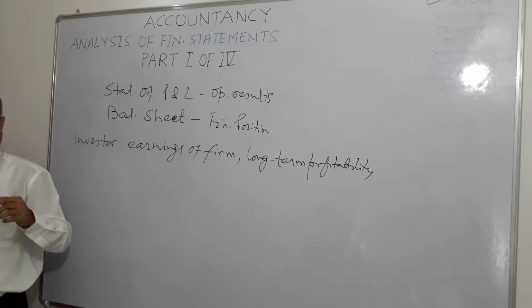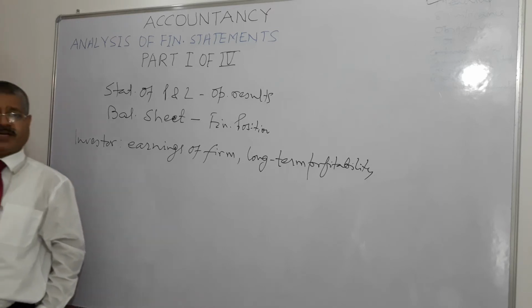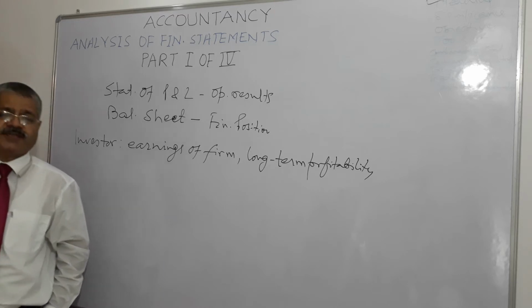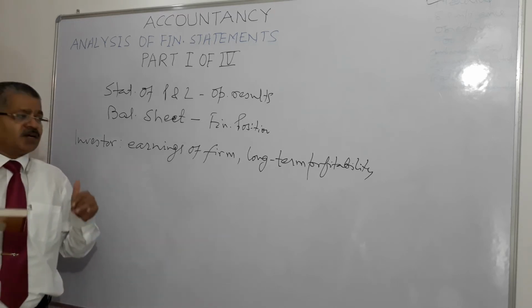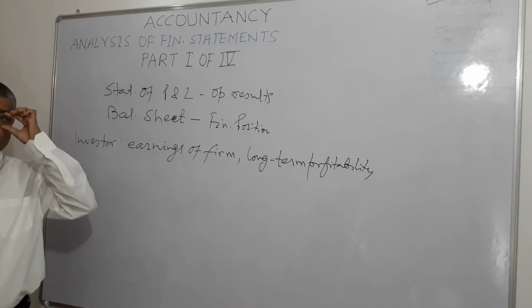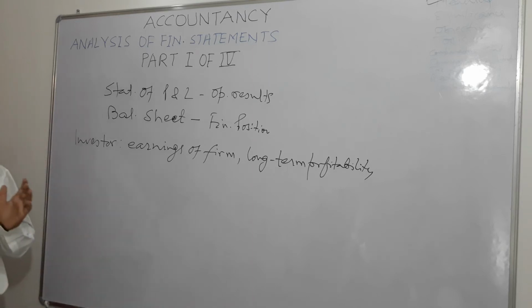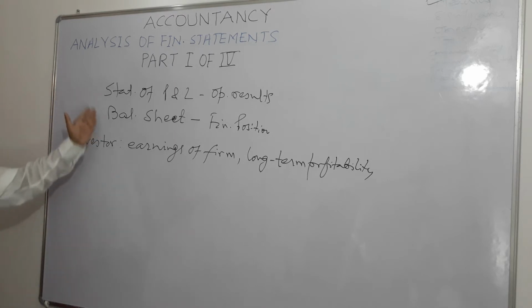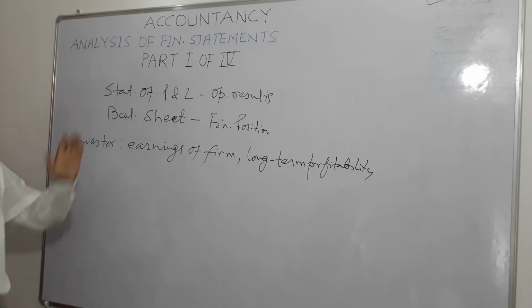So, in case of a finance manager, what is the objective? What is the significance for the finance manager? The finance manager of a firm or a company would always like to know about the financial control exercised in the firm. He needs to control the finances of the firm, right? And to make rational decisions depending upon the outcomes of the analysis and interpretation of the statements, right?